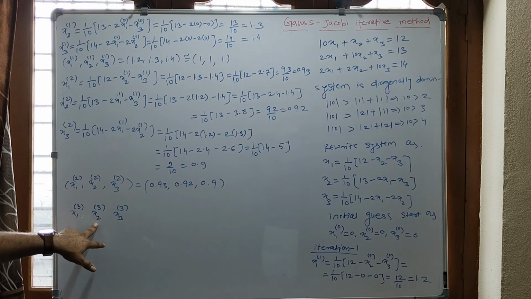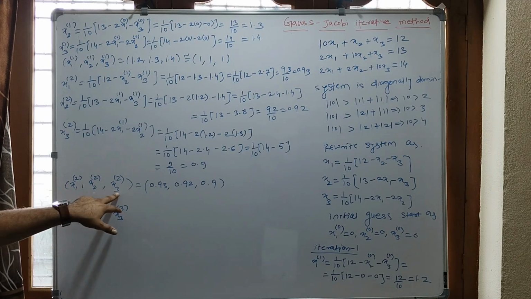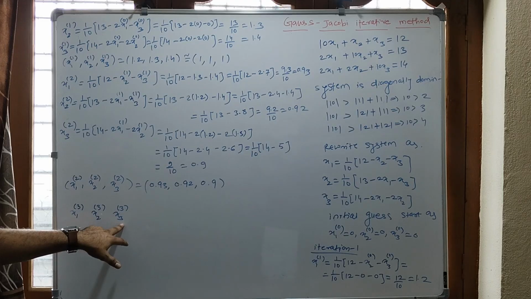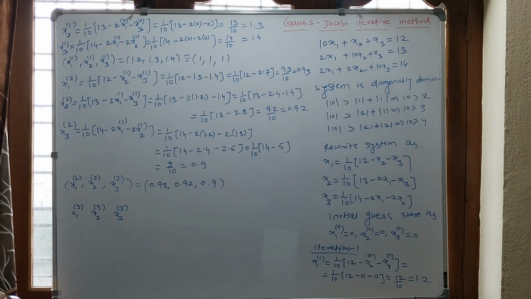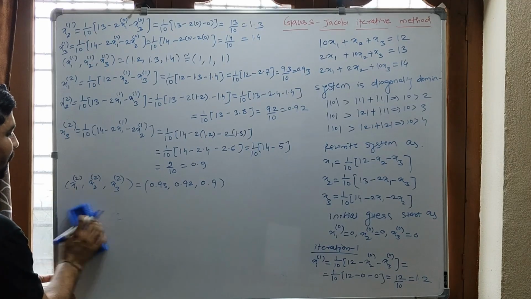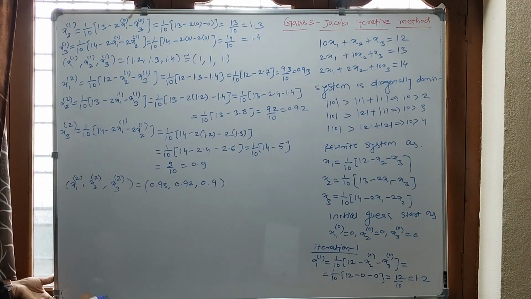While finding x3 at 3, I will use x1 at 2 and x2 at 2. Now this is my second approximate solution.